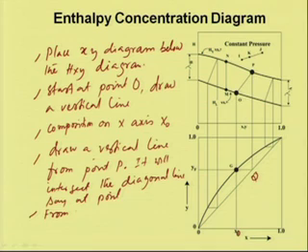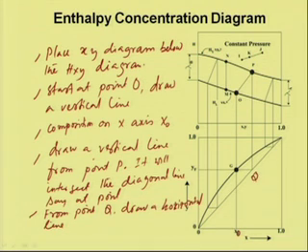From point Q, draw a horizontal line, so it will cross at point G. So, the composition of this will be y p. So, this is the equilibrium point.